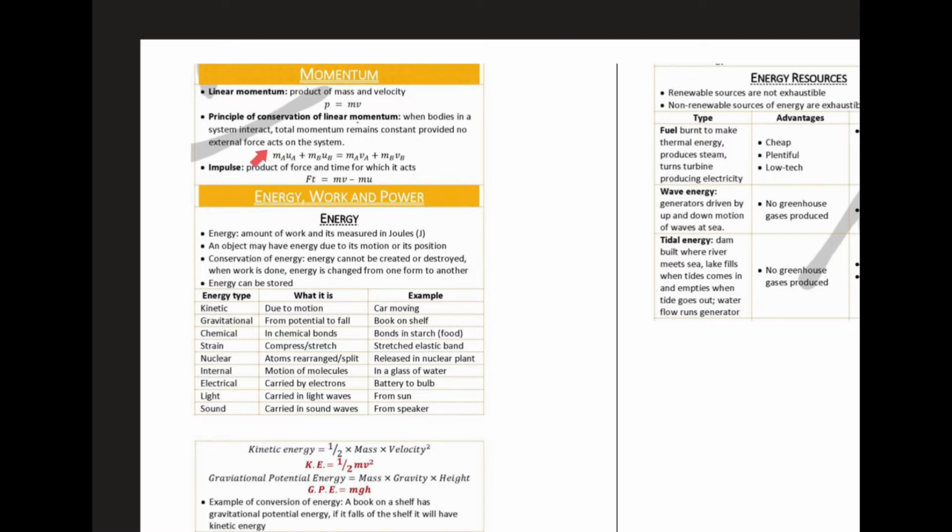Okay, let me give you an example. Two trolleys collide. After collision, let's say the two trolleys move in front.